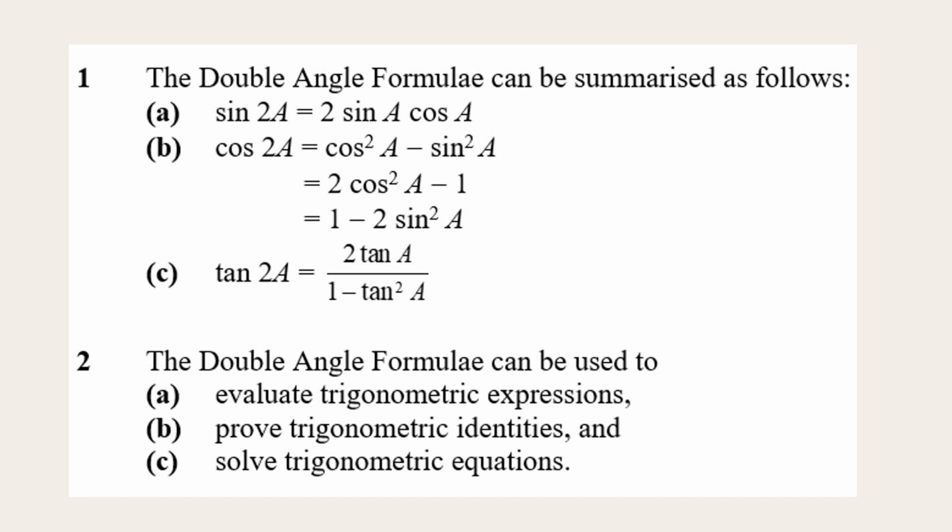It can be expressed as cos squared A minus sine squared A. Cos squared A means cos A multiplied with another cos A, and in this case you can just write it as cos squared A. You can also express it as 2 cos squared A minus 1 or 1 minus 2 sine squared A. And the double angle for tangent 2A will be 2 tangent A over 1 minus tangent squared A.